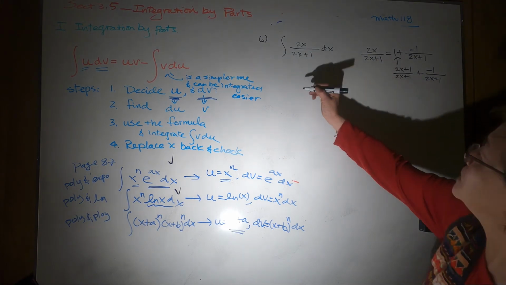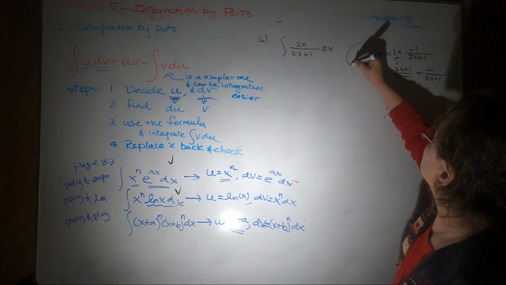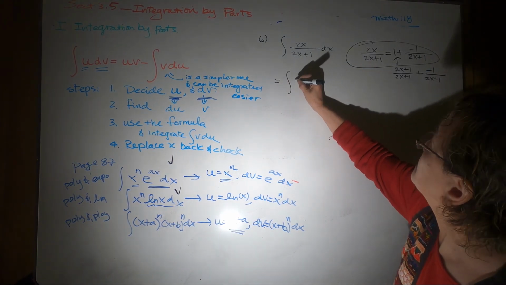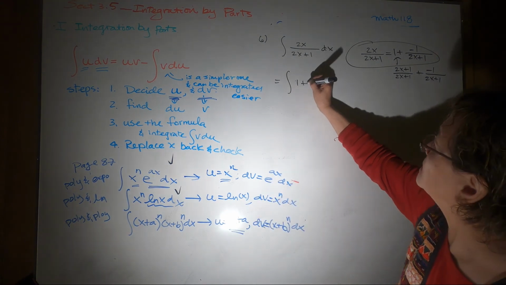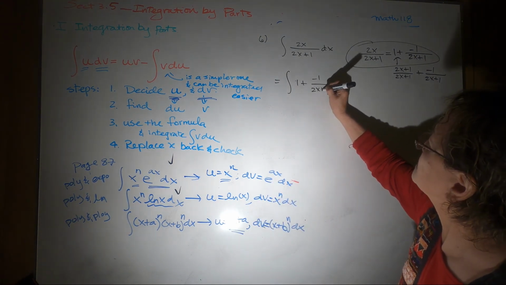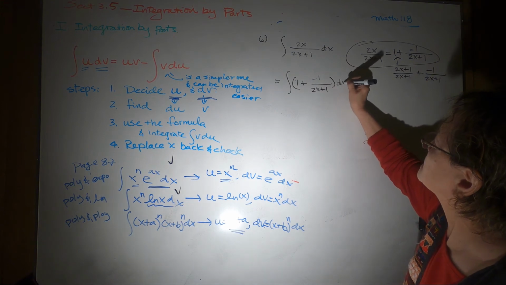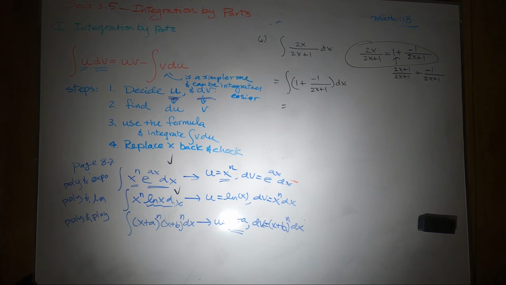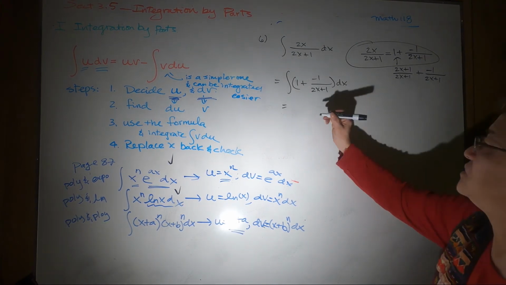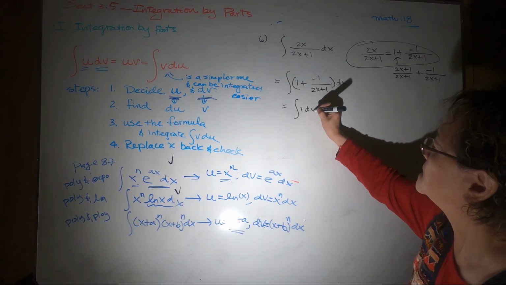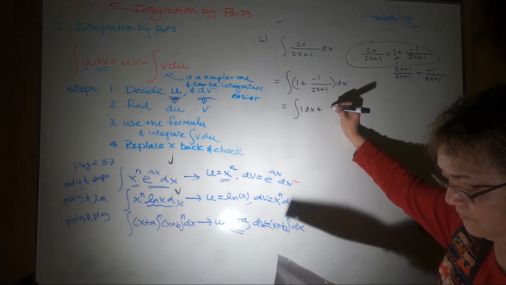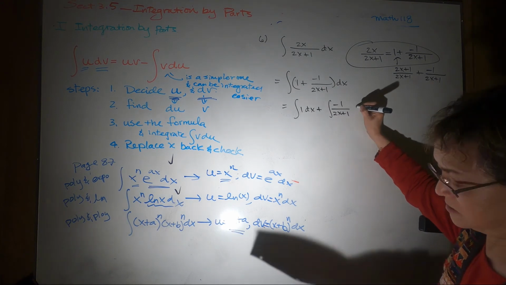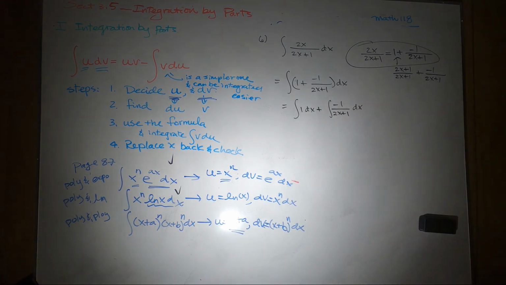So what we do is, if they are the same, that means we are going to integrate 1 plus -1 over (2x plus 1) dx. Then we use the sum and difference rules. So you have the integral of 1 dx plus the integral of -1 over (2x plus 1) dx, right?